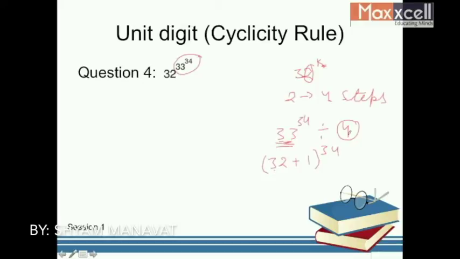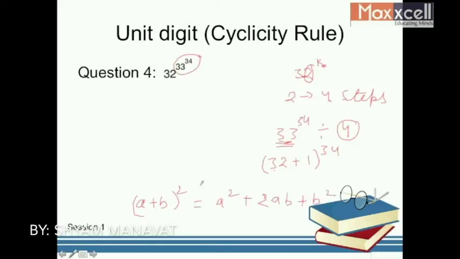Now 32 is divisible by 4. If I expand this, I will get all 32, 32, 32, 32, and the last term will be 1. See, understand it like this: (A plus B) whole square is A square plus 2AB plus B square.